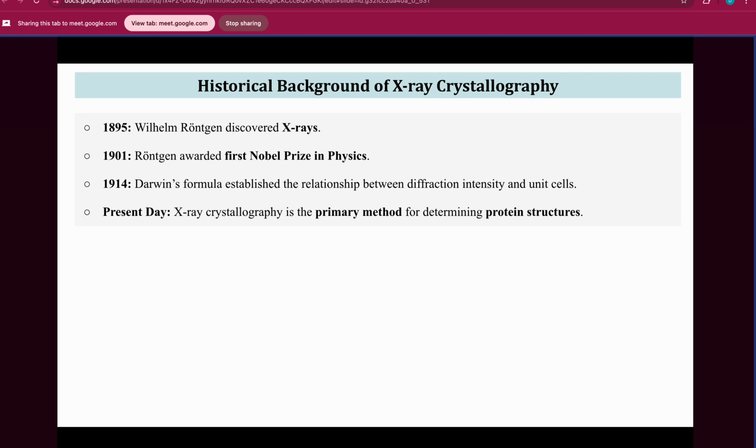Now we will practice a few MCQs, but before this I also wanted to add that although there are technological advancements, and machine learning and artificial intelligence methods have come up, X-ray crystallography is still the primary method. It is the experimental method, so it is already verified, or you can say validated. The structure visualized by X-ray crystallography is the validated structure. Whereas we have already seen how AlphaFold has come up and revolutionized the field of structural biology.